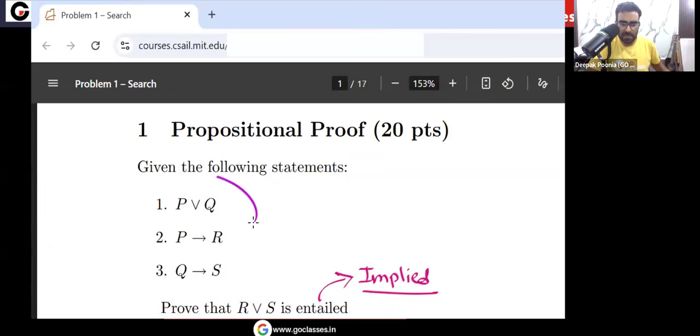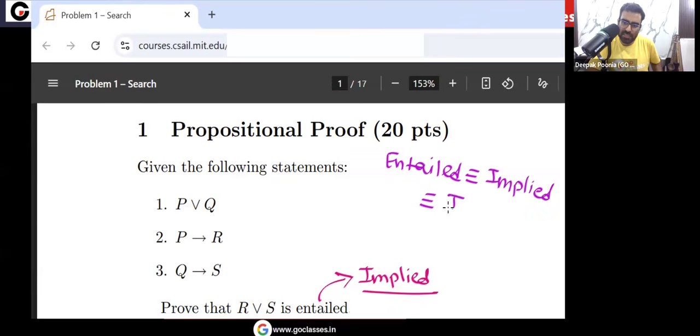Basically, the question is saying that these are the three statements, and we need to prove that R or S is implied from these three statements. Okay, so very simple. Remember, entailed is same as implied, or I can say inferred.